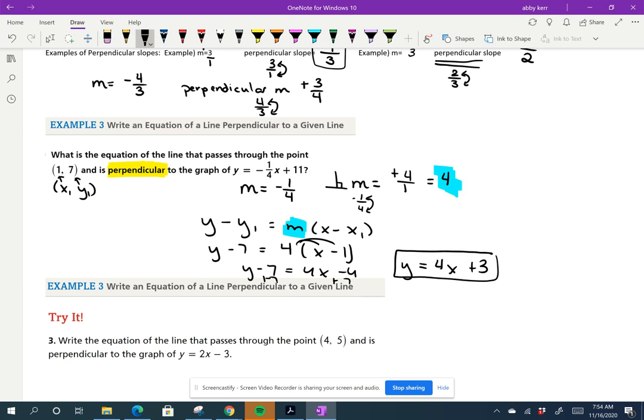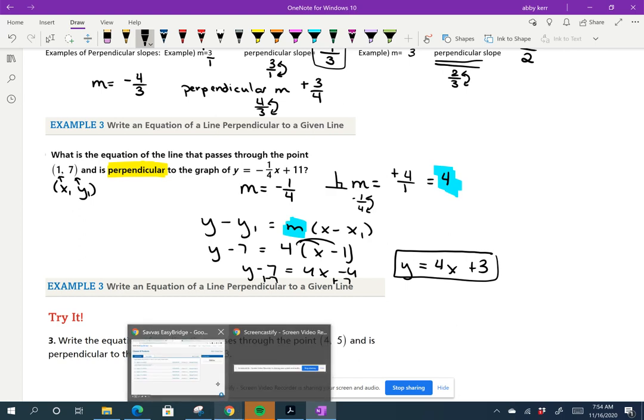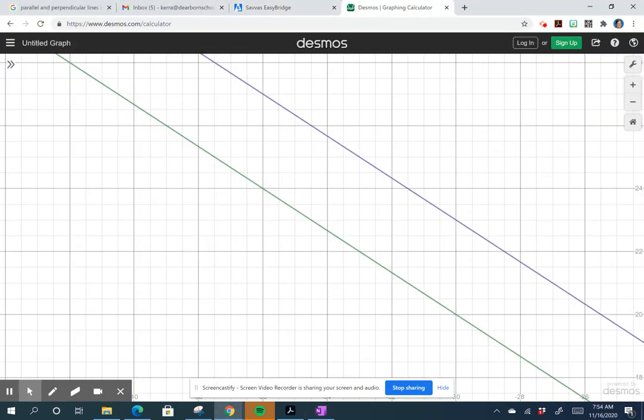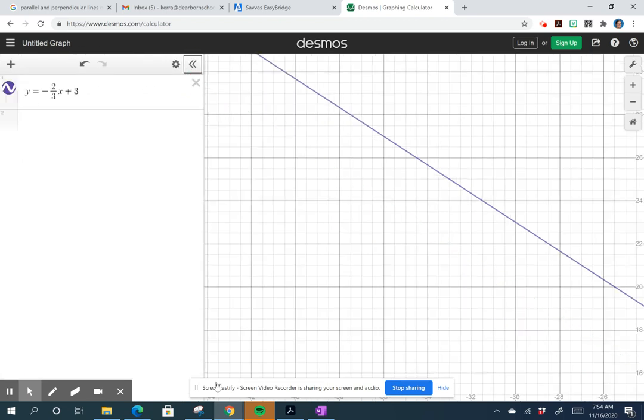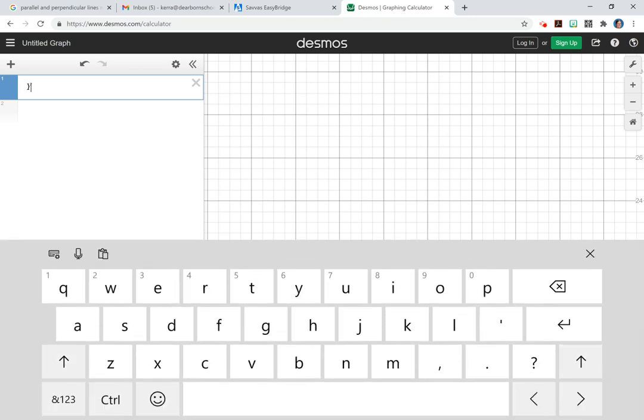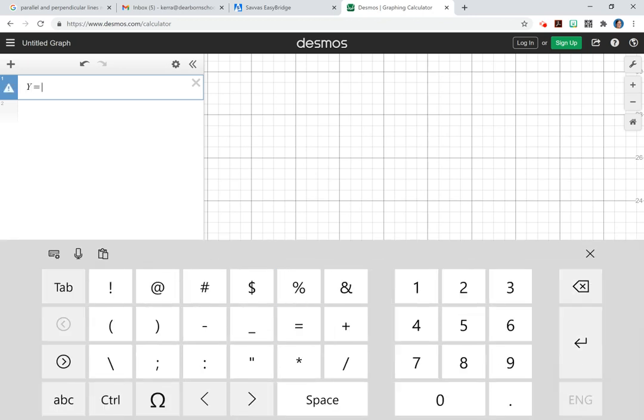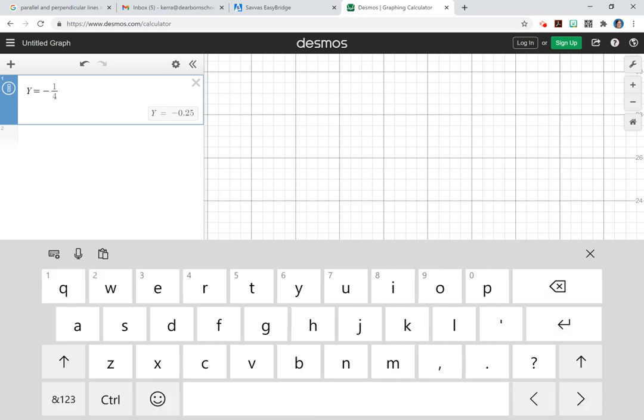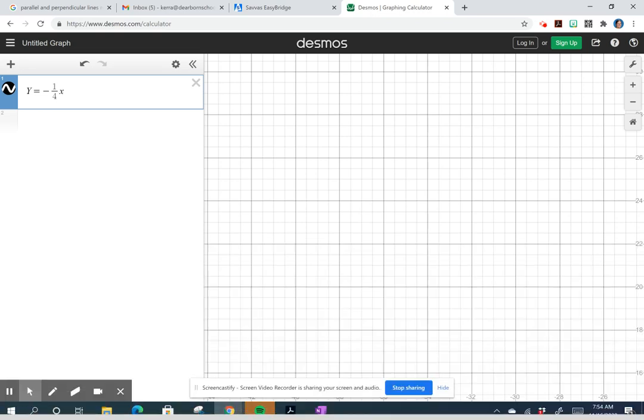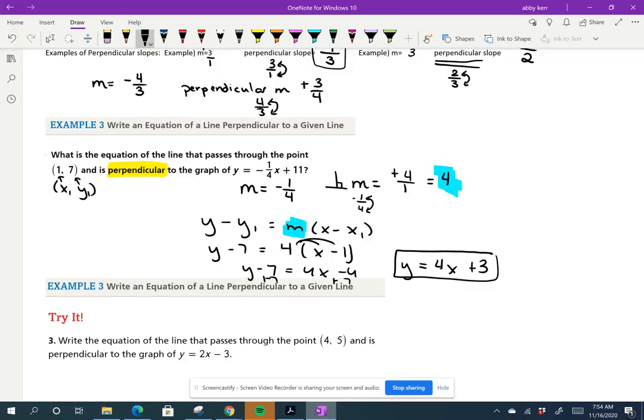So let's confirm. On Desmos, we have y equals negative 1 over 4 x, and then let's see, it was plus 11.